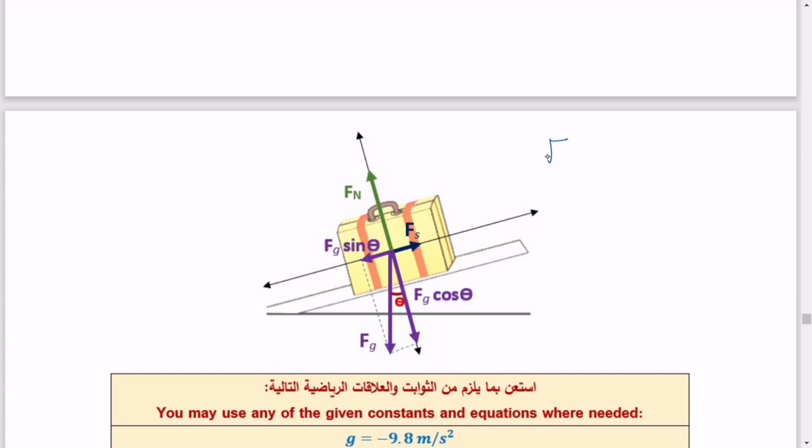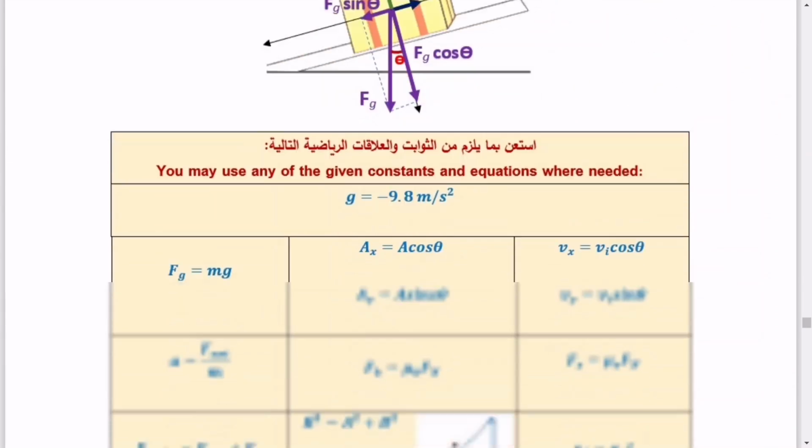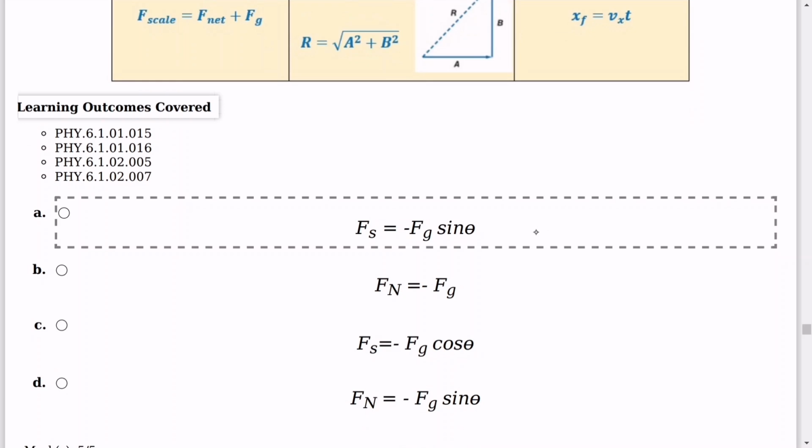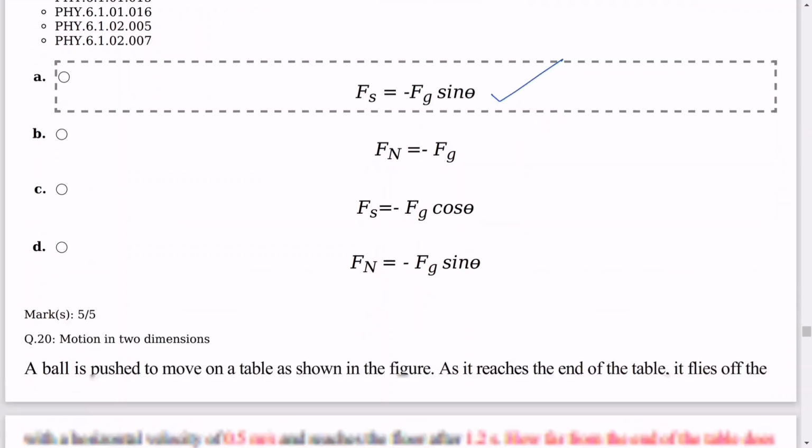In that, the force of friction, here F is the force of static friction, that is equal and opposite to Fg sine theta, and the normal force Fn, that is equal and opposite to Fg cos theta. The negative sign just represents that the direction is opposite. So we know that the force of static friction is equal and opposite to Fg sine theta, the parallel component of the weight of the object.